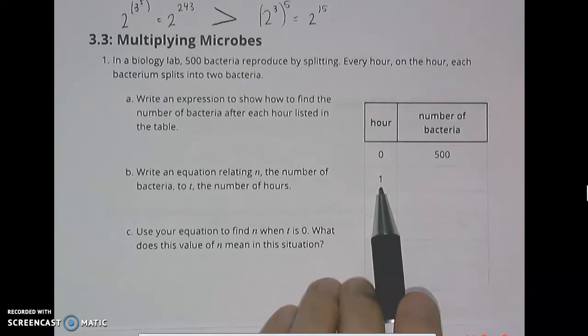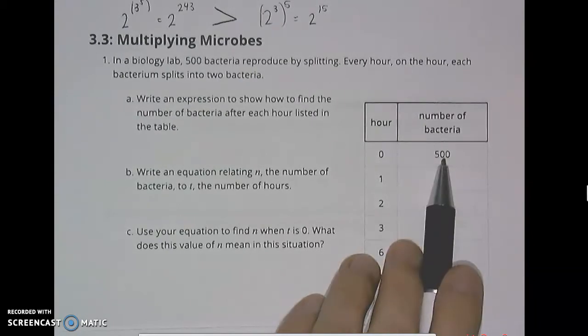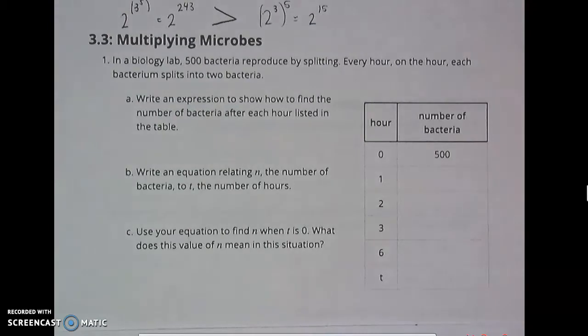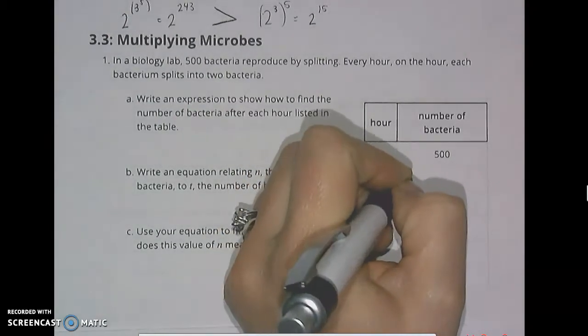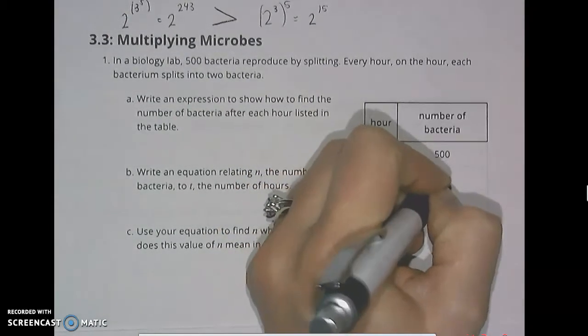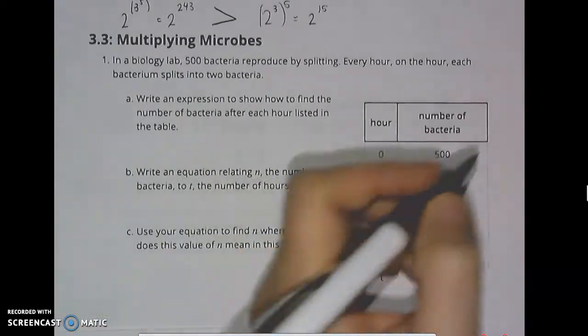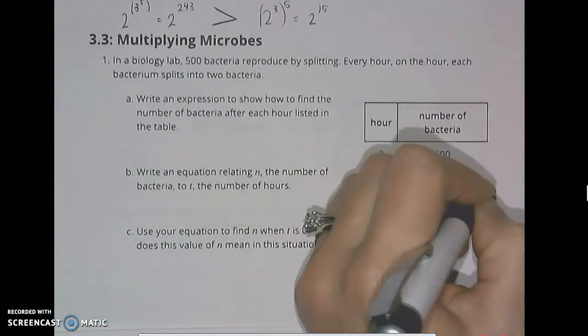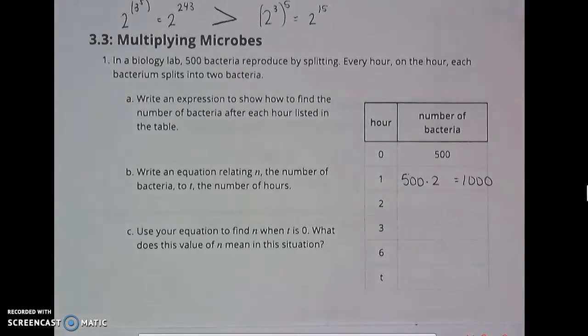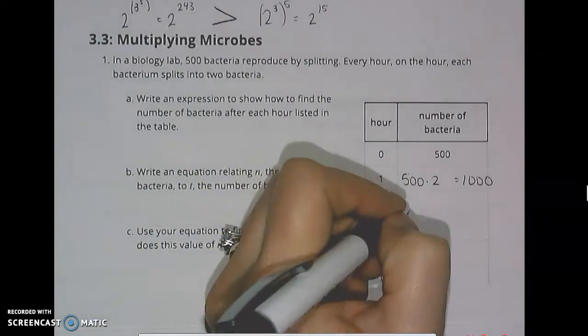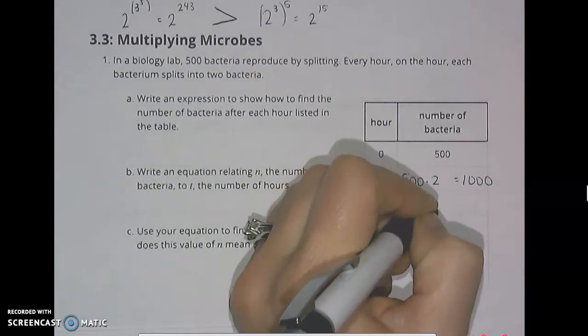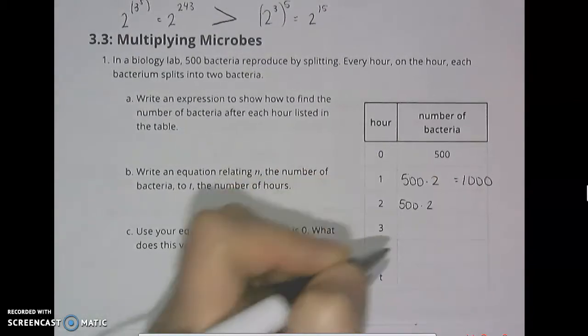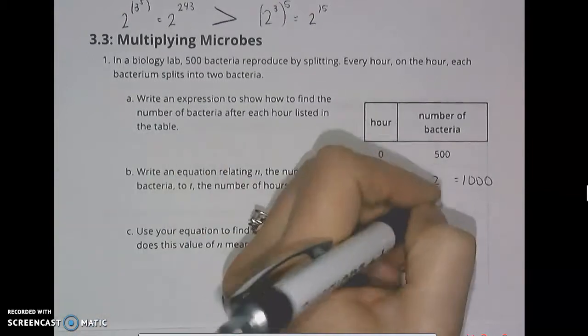After 1 hour, each of those 500 splits into 2. So that means that we would have 500 times 2. Each of those is doubling, so we would have 1,000 bacteria. At the next hour, we have 500 times 2 times another 2, because each of those 1,000 have split.